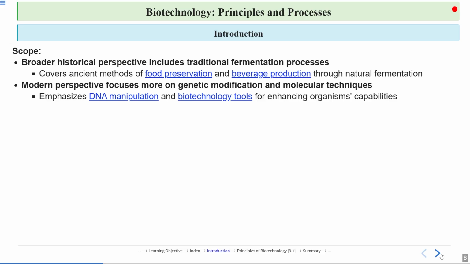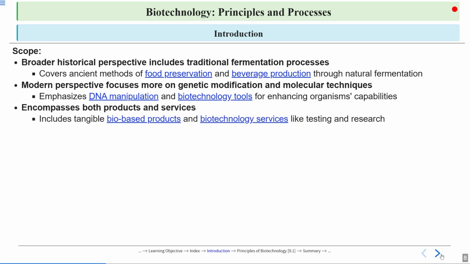We give more focus to DNA manipulation and biotechnology tools which we can use to enhance organism capabilities. But the one thing common in both is that in the end we need some bio-based products and biotechnology services like testing and research. It means we are going to get some product and services which are useful to us.